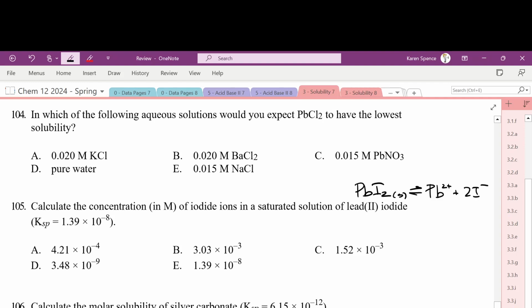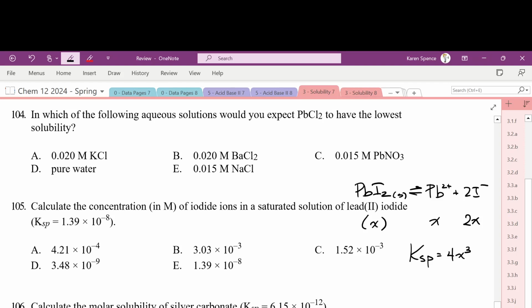And if we want to find the concentration of iodide, that's going to be 2x. This is going to be x, and this is going to be x. So we're really finding the solubility, because if we find the solubility, we can find the individual ion concentrations. Okay, so we have KSP is equal to 4x cubed.